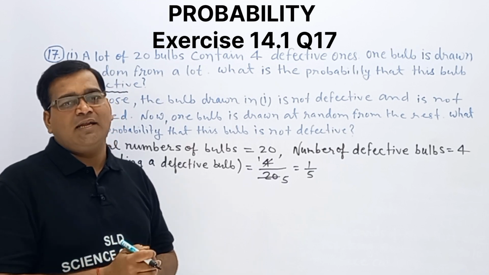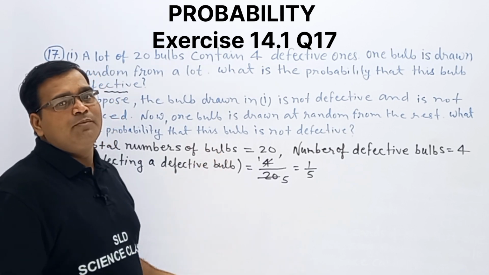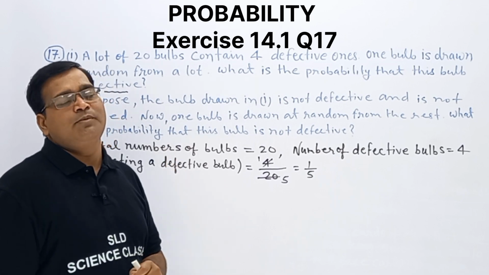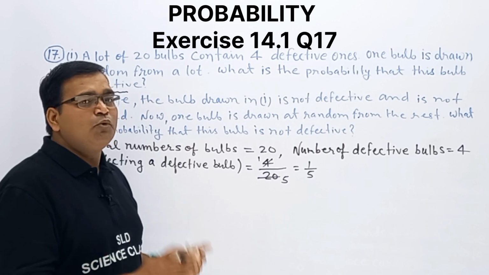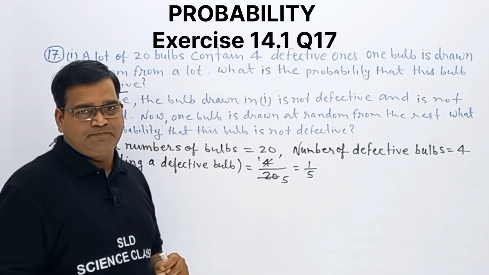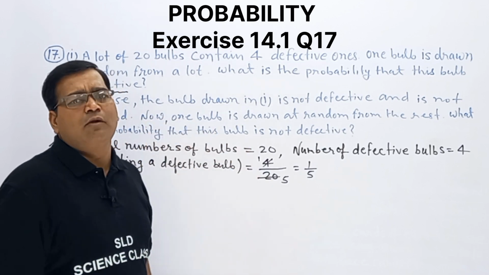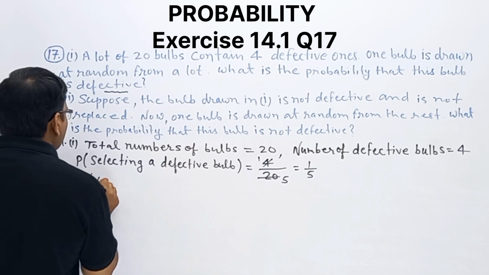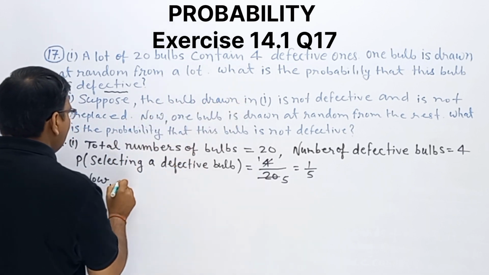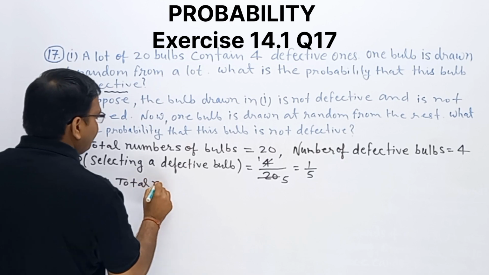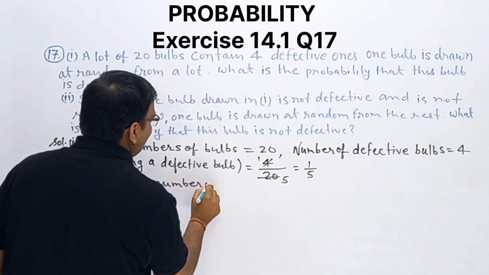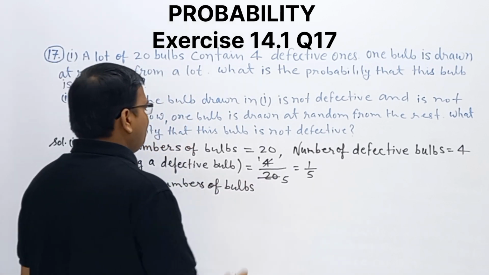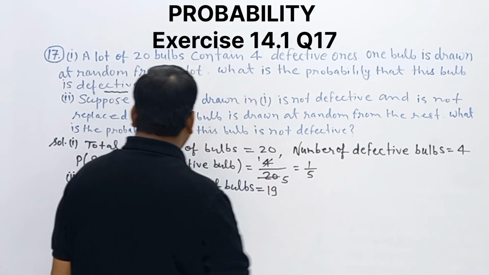We have a lot of 20 bulbs, we drew one bulb and that one is not defective, it means a good bulb, and we are putting this bulb aside. We are not putting it again in the lot. Clear? Now the total number of bulbs equals 19.